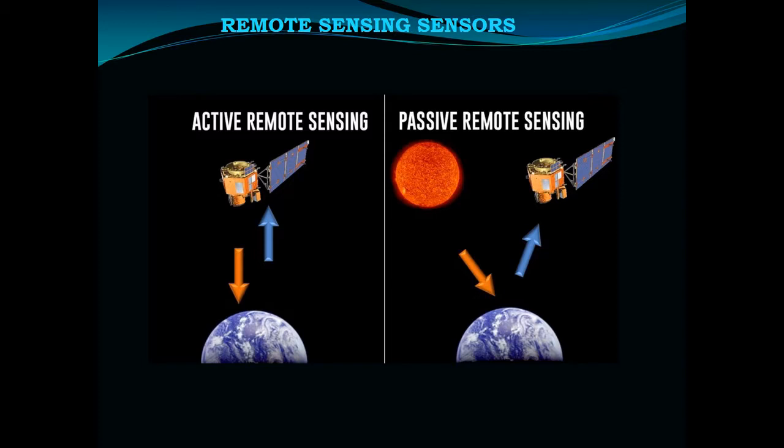Once the remaining energy hits the target on the surface of the Earth, it is reflected back. Again, it goes through atmospheric interaction and reaches the sensor fitted in the satellite mission. It captures the reflected energy or the thermal emitted energy.